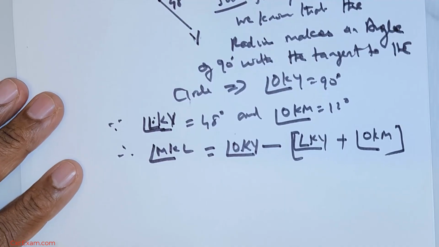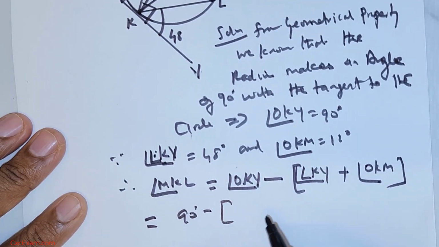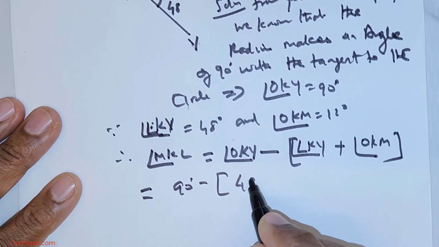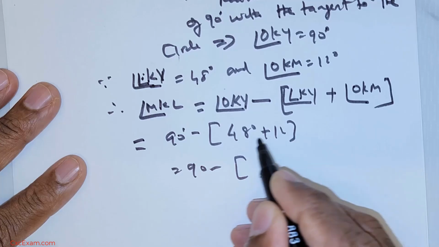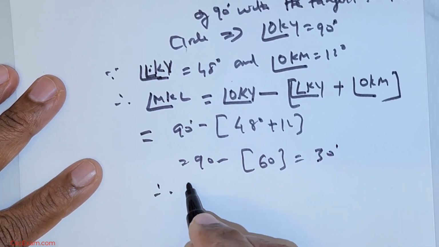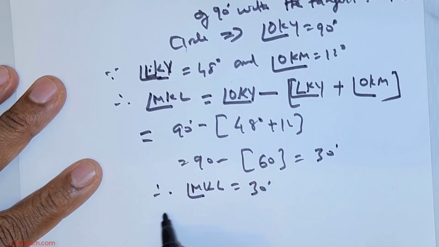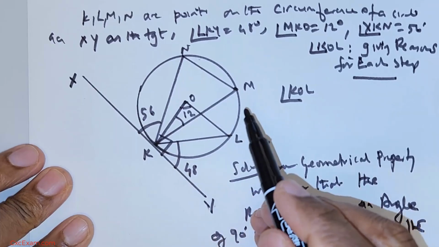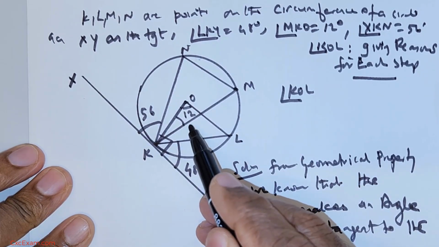Okay, I hope you got the picture. So this is 90 degrees minus 48 plus 12, which is 90 minus 60, which is 30 degrees. So therefore angle MKL is 30 degrees.